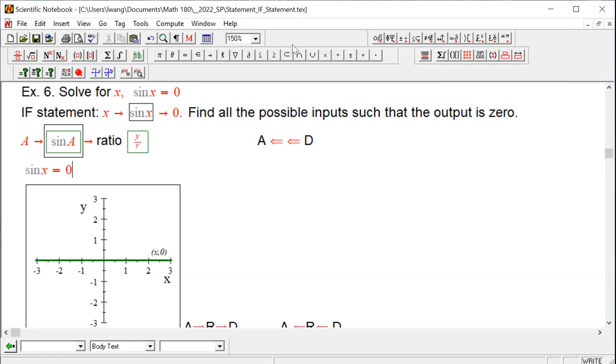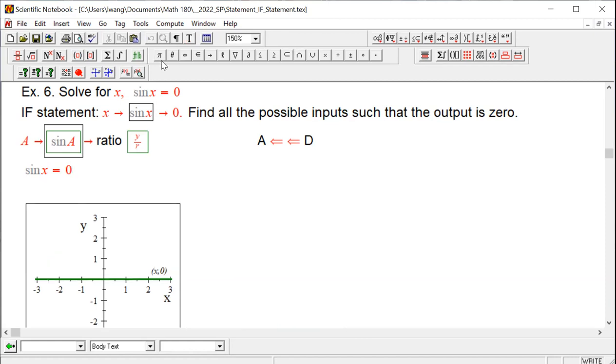Sometimes you ask, do I have to write all this down, because I have said a lot. To show work, in this case, it's x equals k times pi, k pi, and k is any integer, because we just talked about 0 pi, 2 pi, 3 pi, 4 pi, the multiples of pi.